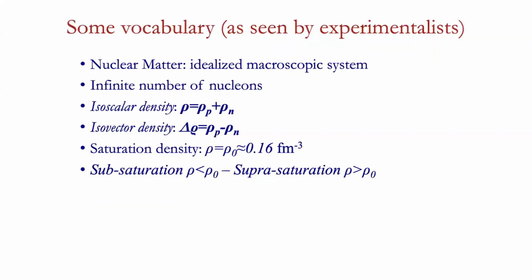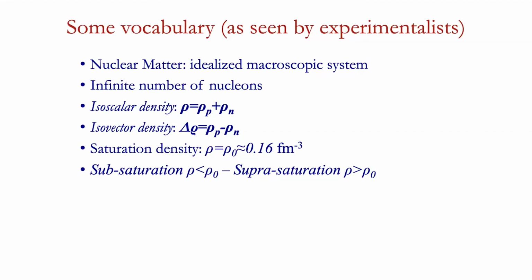Okay, so as I was saying, this is what we usually say when we work with experimentalists. We consider nuclear matter an idealized system because we work with collisions of finite nuclei. So it's made of an infinite number of nucleons. So you all know these things. There's an isoscalar density, which is the sum of proton and neutron densities, an isovector density, which is the difference between them.